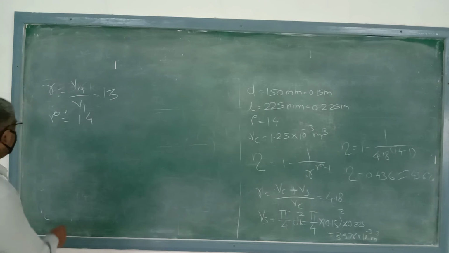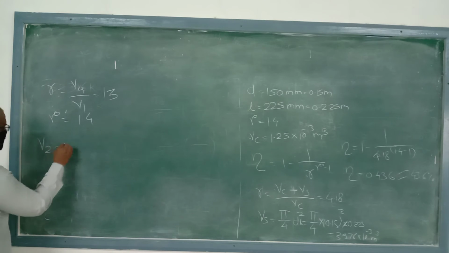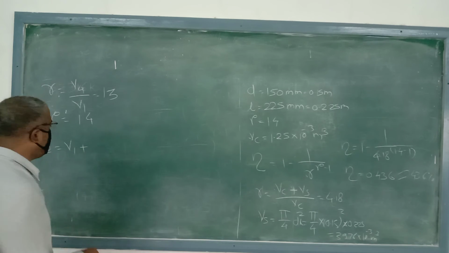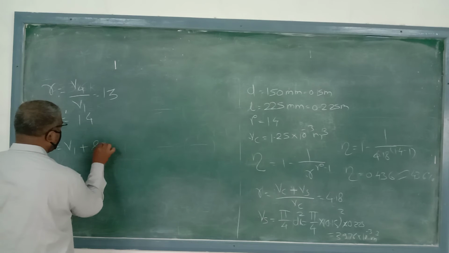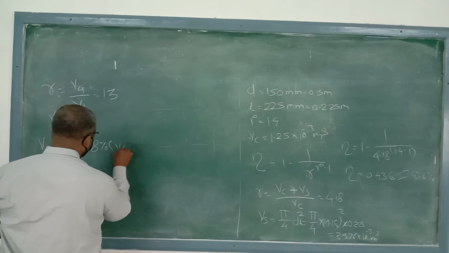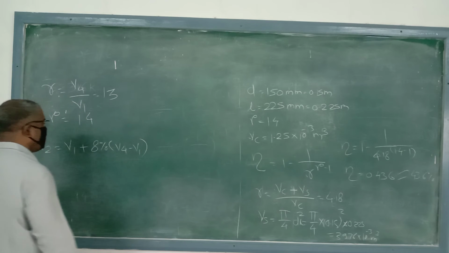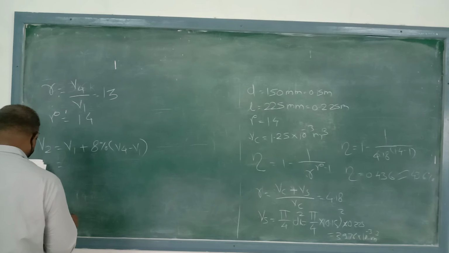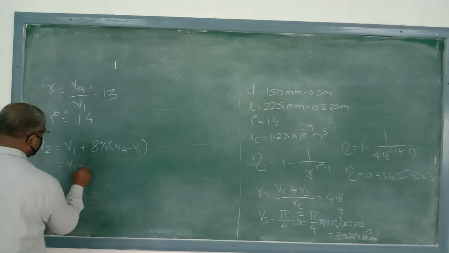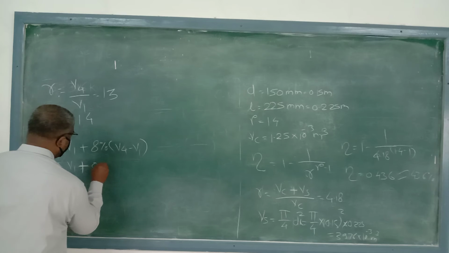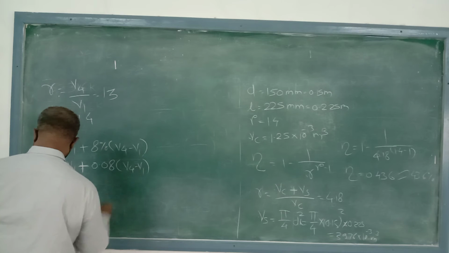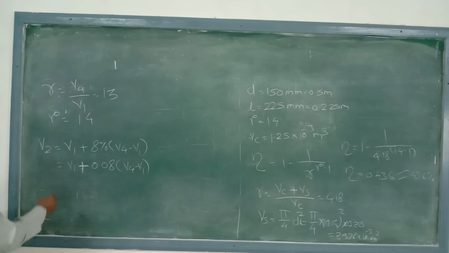So we know that V2 is equal to V1 plus, they are saying that fuel is cut off at 8% of V4 minus V1. So whenever we are going to substitute the values, it is equal to V1 plus 0.08 times (V4 minus V1).